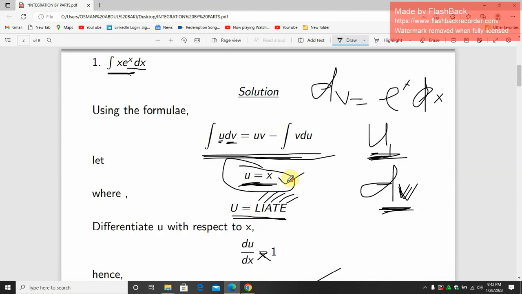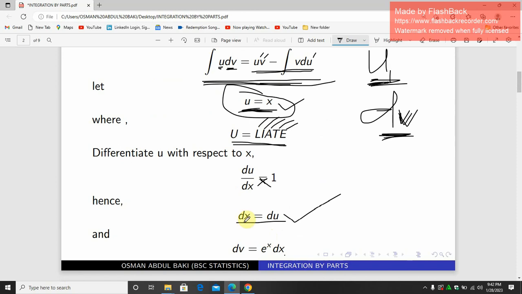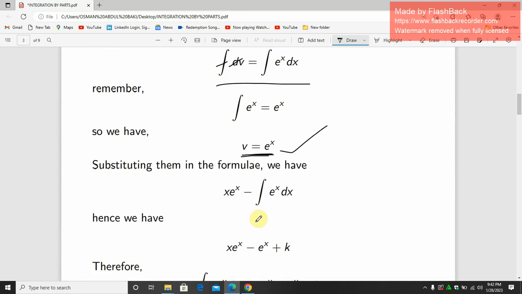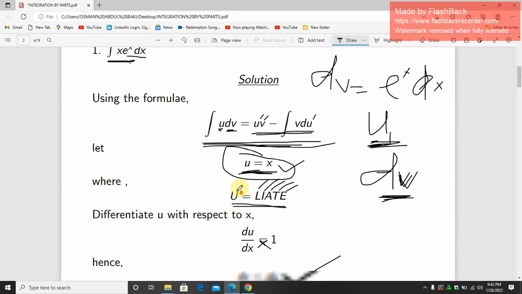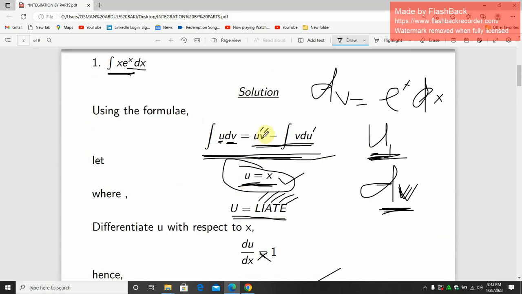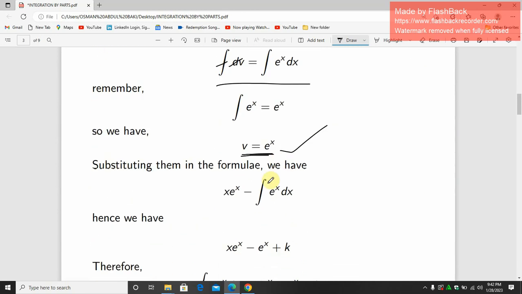It's so simple to come back to the question. Now we just have to insert the answers that we got. We know u, we know v, and we know du. You know du is equal to dx. So now substituting them in the formula, we have u, which is equal to x, and v, which is equal to e to the power x.